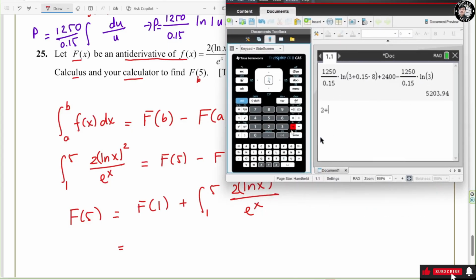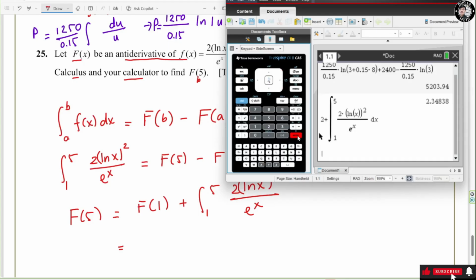So you have 2 plus, hit the button right here, pick the integral right here from 1 to 5 of, pick the fraction right here, 2 ln of s all together squared over e to the s ds, and then press enter. The answer is 2.348, right?